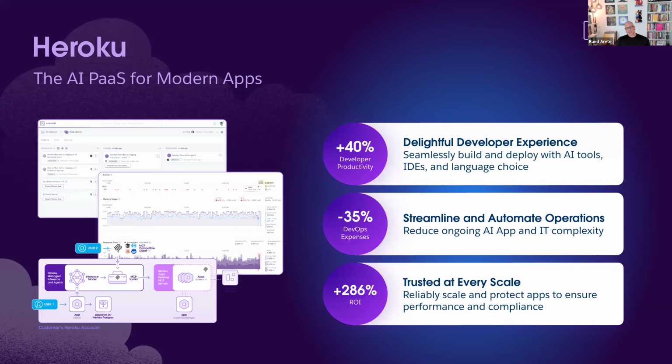So, we're often talking about Heroku as an AI PaaS these days. What does that mean? I'd like to challenge people to think about an AI PaaS in a couple of different ways. One, we provide the primitives and experiences that make it easy and safe to build and operate AI applications and agents, or systems that actually use AI in their operation.